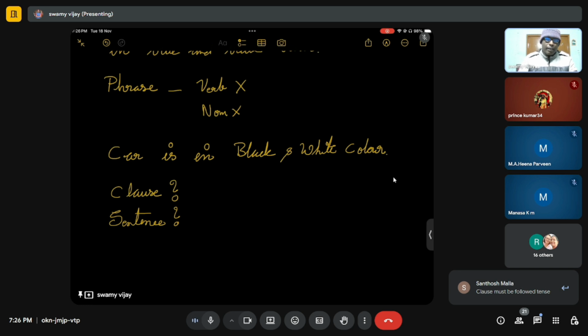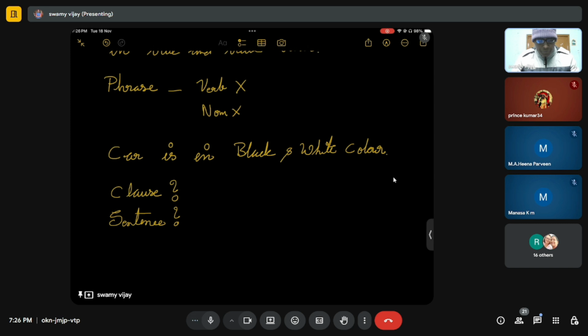Okay, one by one we'll understand. So what is a sentence? A group of words which has a complete sense or meaning is called a sentence. Then what is a clause? The clause definition is a group of words, part of a sentence, which has a subject and a verb.